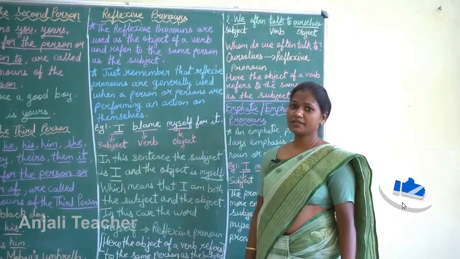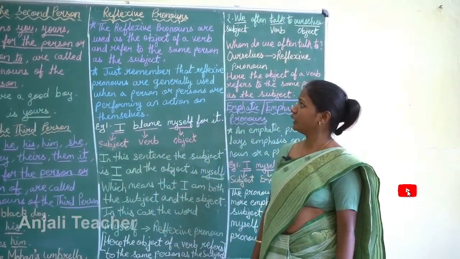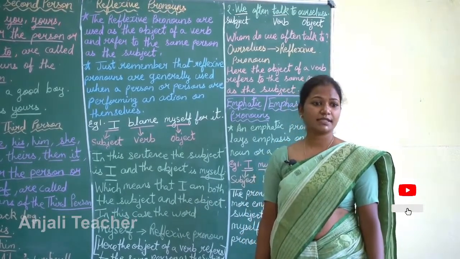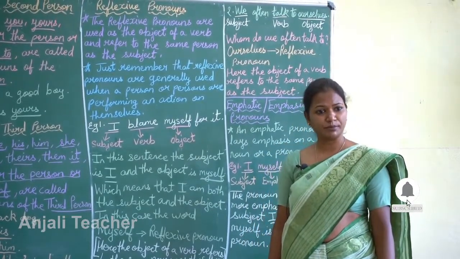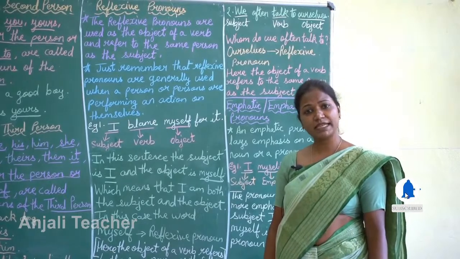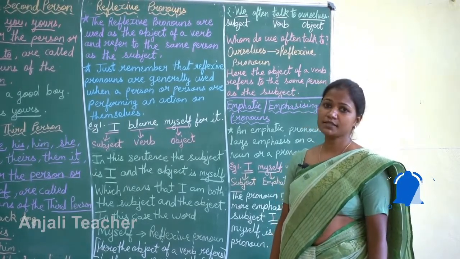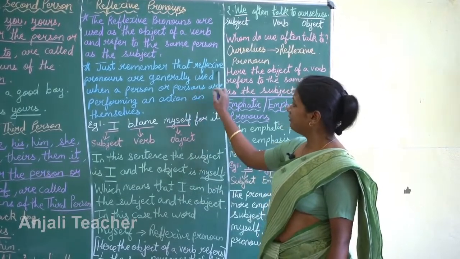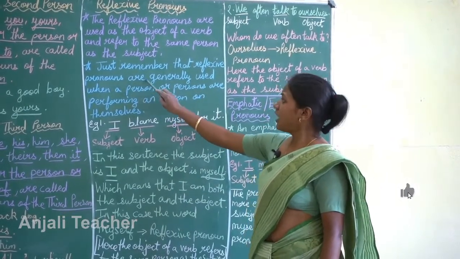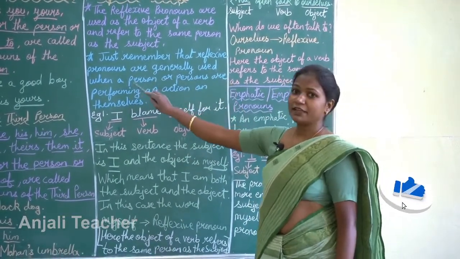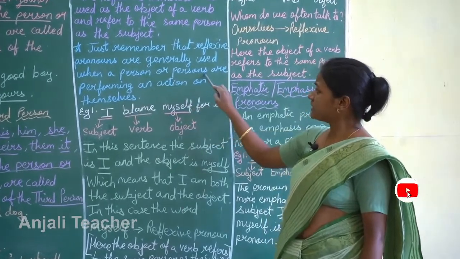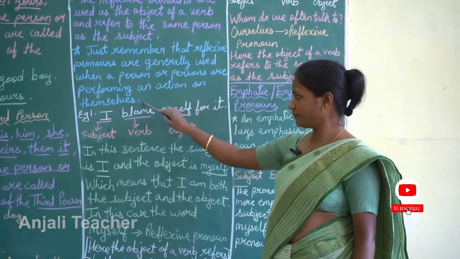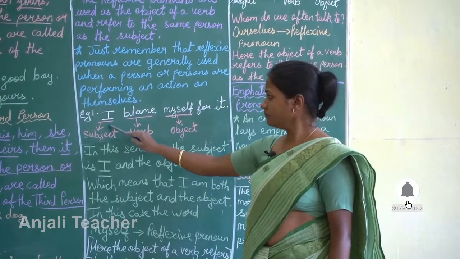The next kind is reflexive pronoun. The reflexive pronouns are used as the object of a verb and refer to the same person as the subject. Just remember that reflexive pronouns are generally used when a person or persons are performing an action on themselves. Now see the example.